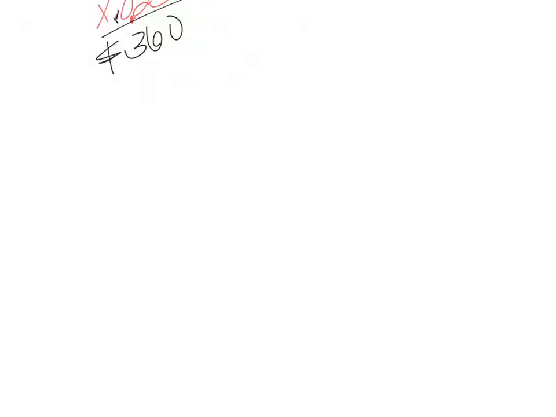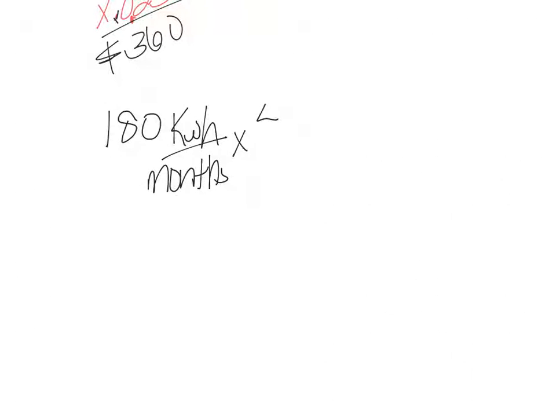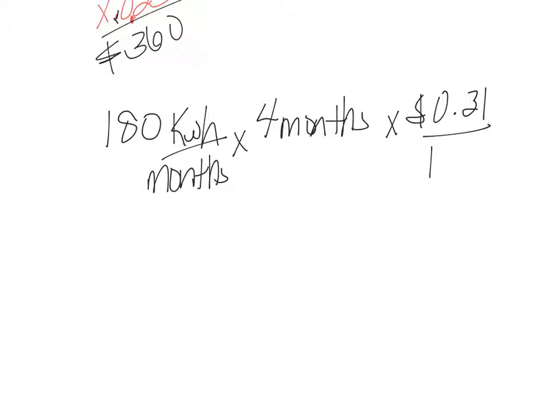So the second part of our answer is we need to calculate it for the hottest 4 months of the year. So I'm going to start it the same way. And this time it's going to be for 4 months. And it's going to cost more in the summer, the price of electricity per kilowatt hour.